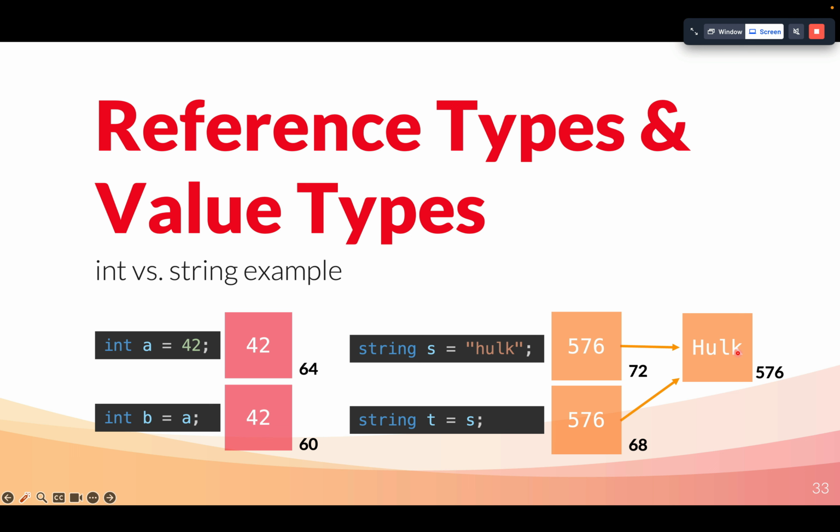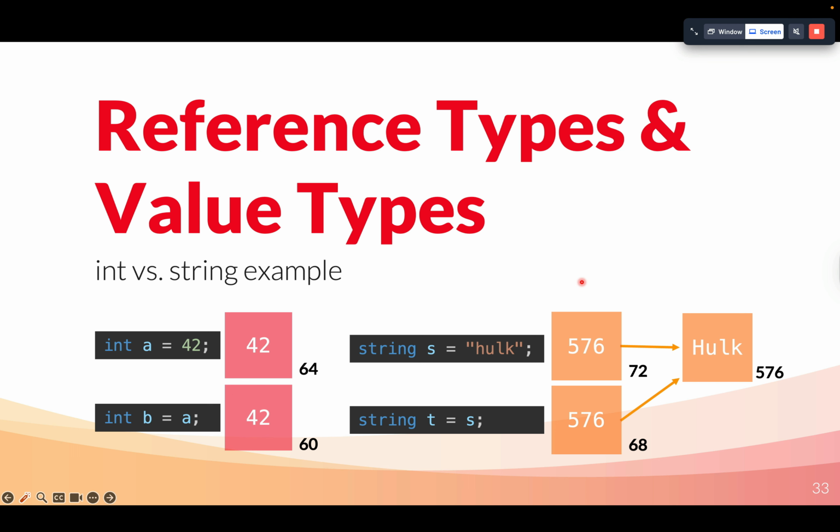So this means that s and t actually both point or refer to the same thing. And that means that if we were to change s, then we would also change t. As in, if we were to change hulk here, then they would both be pointing at it.